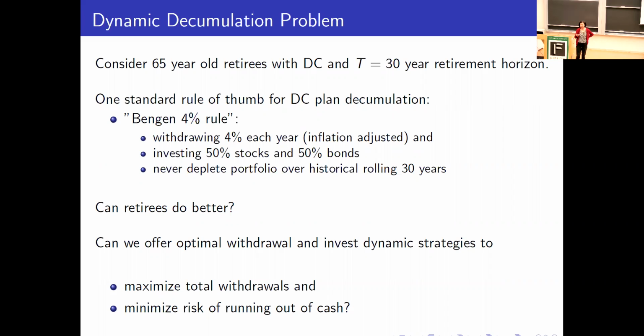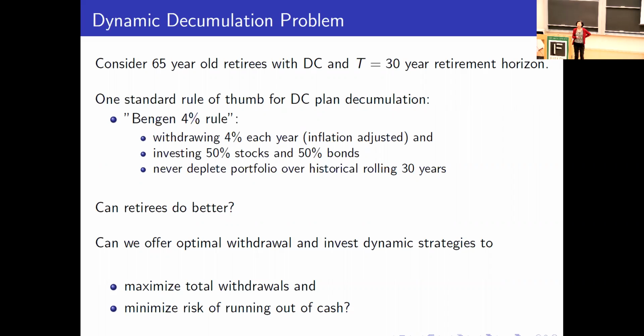Withdraw 4% from your portfolio, and allocate 50% stock, 50% bonds. Very simple. And apparently, if you look at scenarios generated by rolling historical data over a 30-year horizon, you're never going to run out of money. So that seems to be a very good strategy.